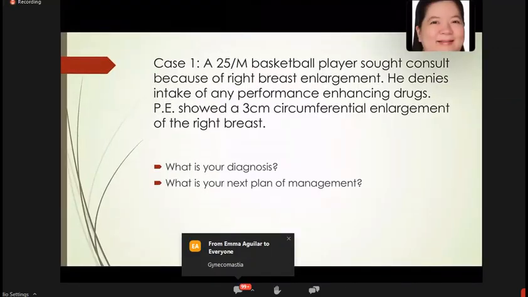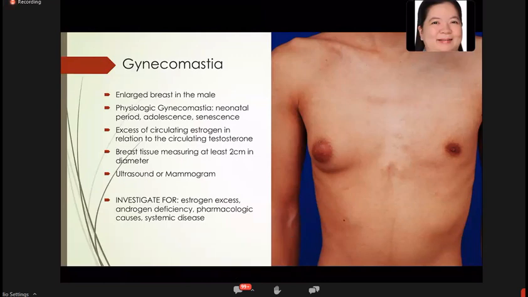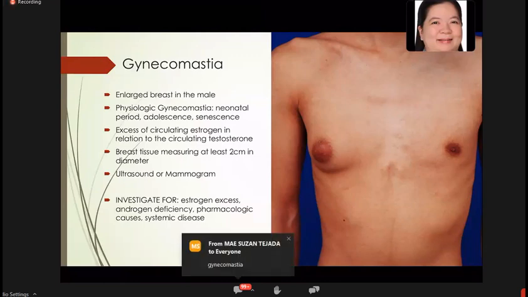Okay, may mga sumagot na. So, yes, for males, una kagad papasok sa isip natin is a benign condition, what we call gynecomastia. Gynecomastia is defined as an enlarged breast in the male. They can be physiologic gynecomastia, which occur in 3 stages of male development: during the neonatal period, during adolescence, and during senescence.